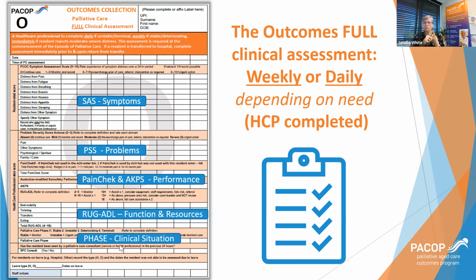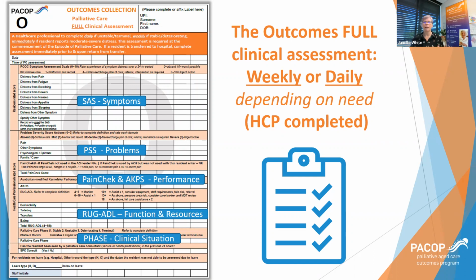There is stable, which means business as usual. There is deteriorating, meaning we might need to review the care plan and just make sure it's still covering their needs. There is unstable and terminal. Those are 2 phases, and as I just described, it's talking about the clinical situation the resident's in and how urgently I need to address their care plan to meet their needs.